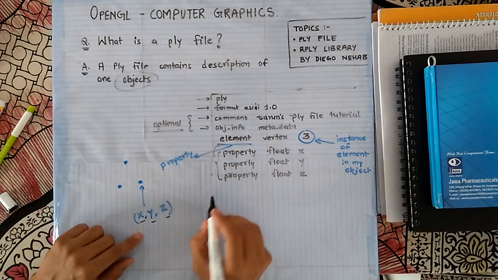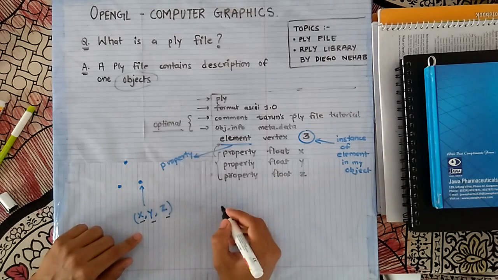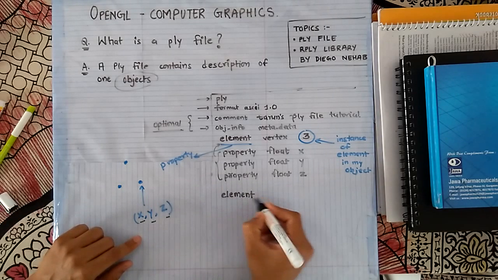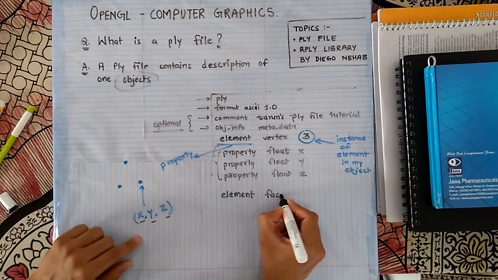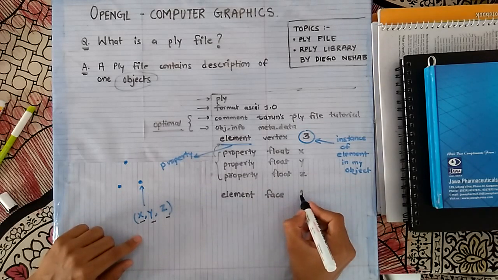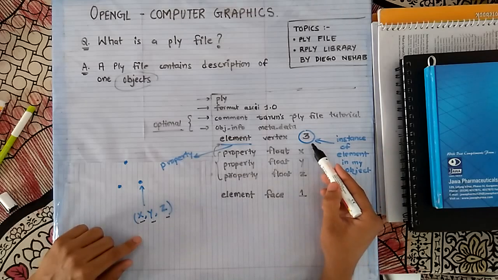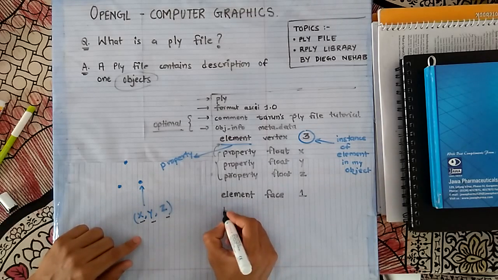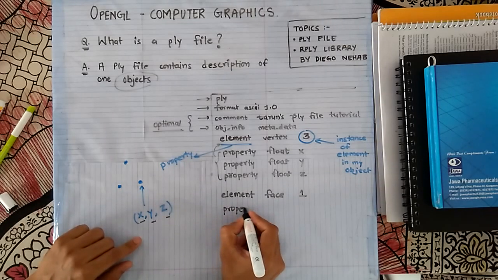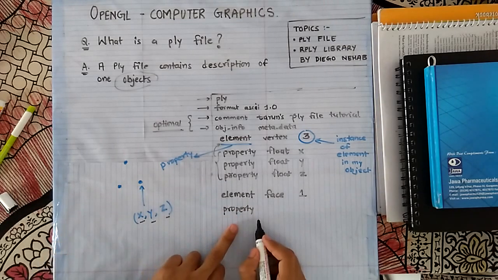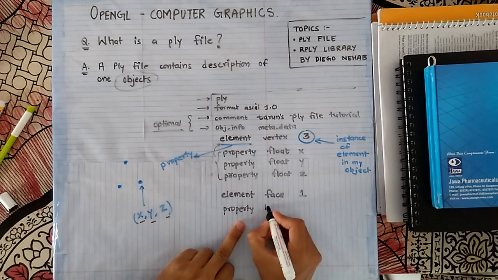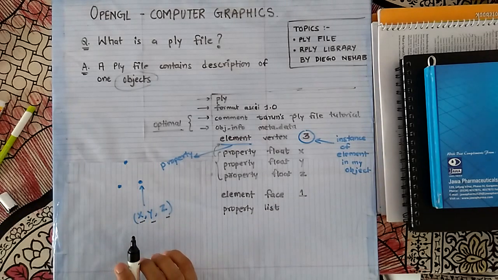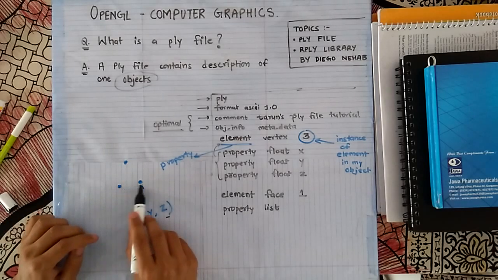Now I am introducing another element named face, element face, which has only one instance here. Similar to this, it has only one instance. Now the property of face, again with the keyword starting with property. I want my face to be a list of vertices which will make a face.